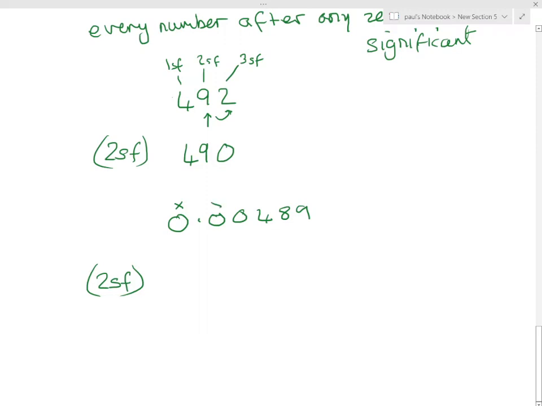So that doesn't count, that doesn't count, that doesn't count. There's our first, there's our second, there's our third. So we go to the second significant figure, look to the right, is it 5 or more? Yes, so we'll add 1 back onto that 8 to give 0.0049 to two significant figures.